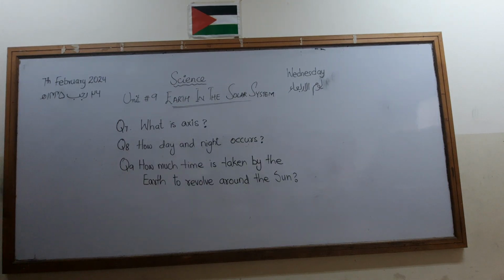Here you have to tell the time, how much time the earth will take to revolve around the sun. I have told that the earth will take almost 365 days, 48 minutes, and 46 seconds to complete its one revolution around the sun.